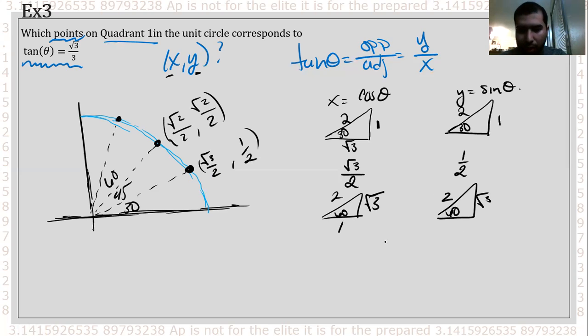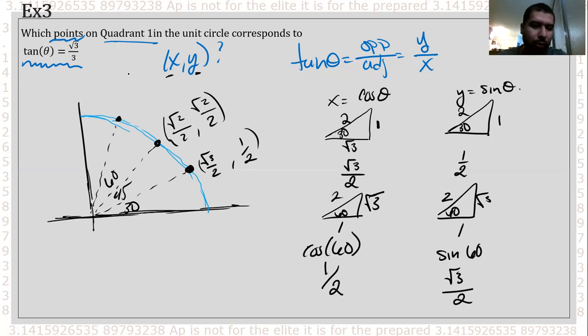Okay, so I'm going to go ahead and find now cosine of 60, which is the adjacent, which is 1, over my hypotenuse. For my sine of 60, that is the opposite, is square root of 3 over 2. So these are my coordinates right over here.